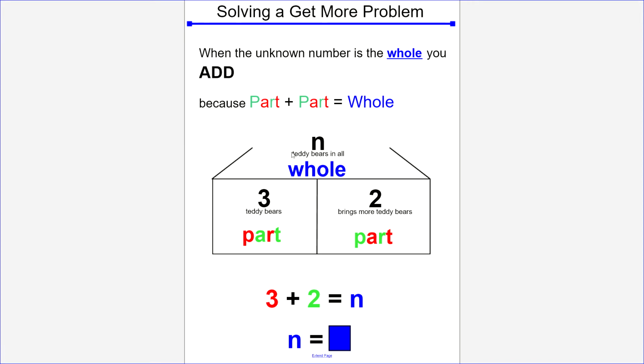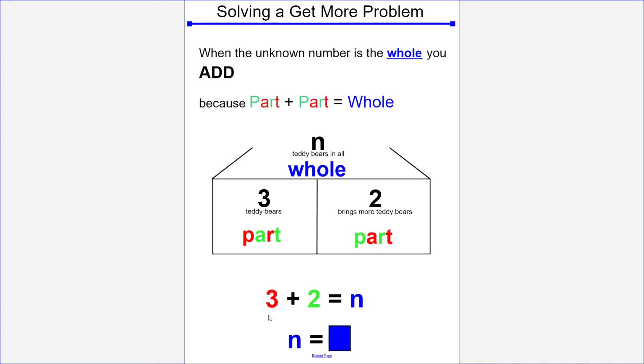I need to find the whole, so I'm going to add part plus part to figure out my unknown whole. In this problem, that would look like 3 plus 2, because one of my parts is 3 teddy bears and the other part is 2 more teddy bears. 3 plus 2 equals n, my unknown.